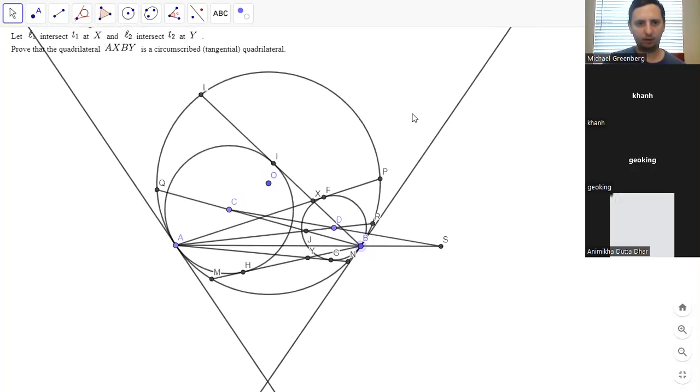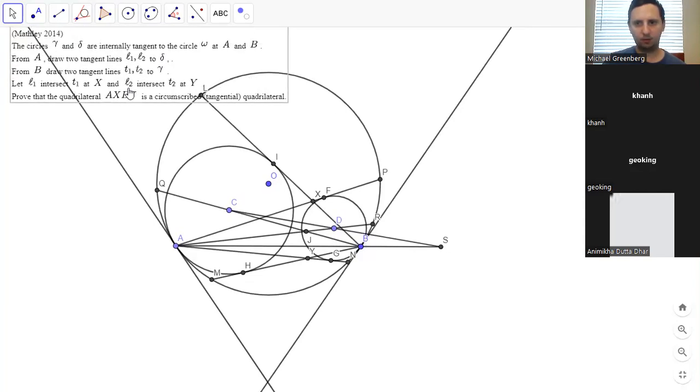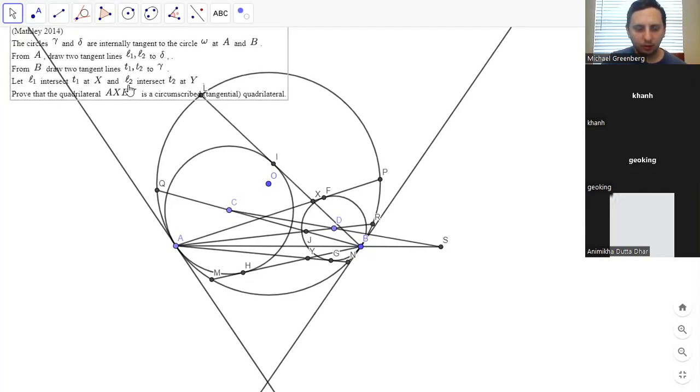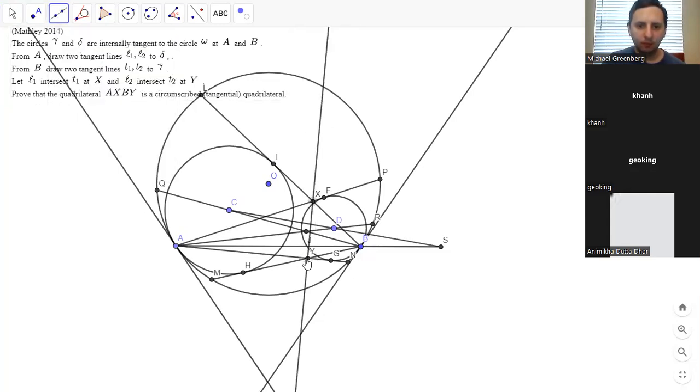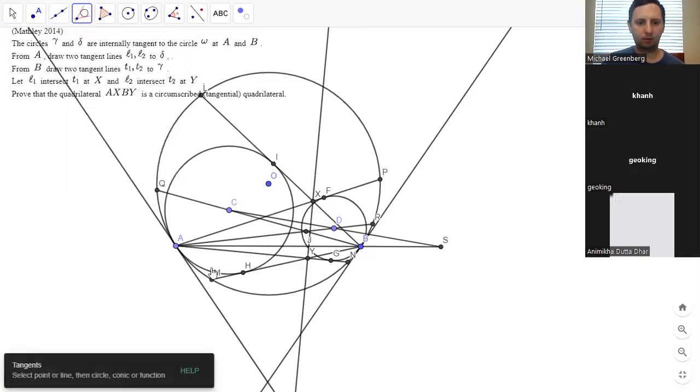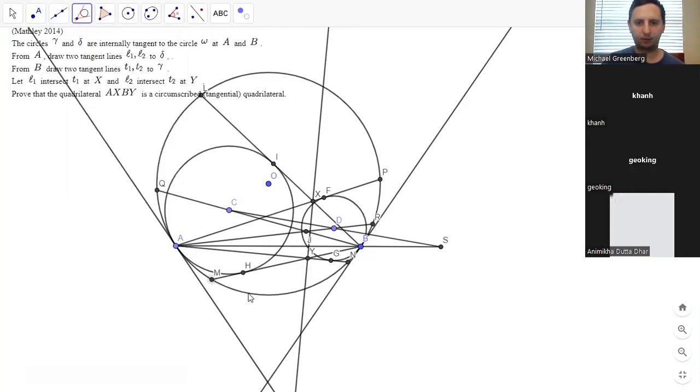Is the tangents at X, Y, let's see. No, those don't concur. Let me try. What about the tangents at some other points? So M and N.